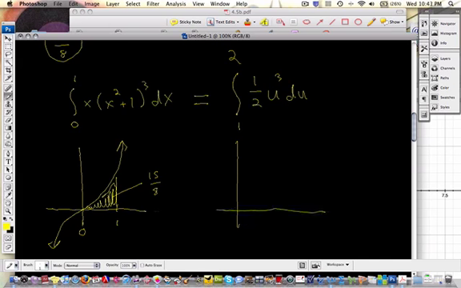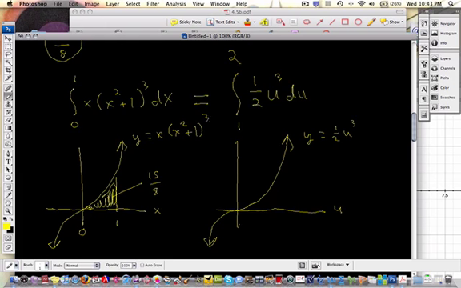By the way, if this is the x-axis, I guess this would be the u-axis. So this is our f of u. It looks pretty much the same in my little sketch, but this is supposed to be y equals 1/2 u cubed. And this is supposed to be y equals x times x squared plus 1 cubed.